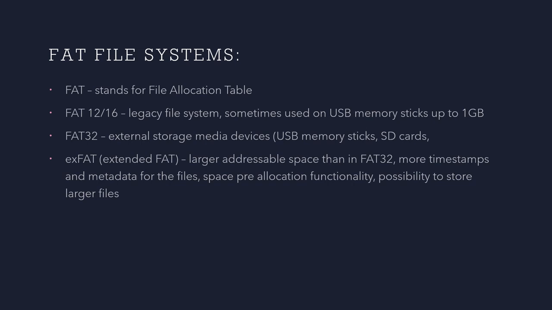It has more timestamps and metadata for the files, and also has a space pre-allocation functionality, meaning that you can pre-allocate some space on a drive for storing bigger, larger files. In this video, we will cover FAT16 and FAT32, and I will create an additional video explaining the exFAT contents.